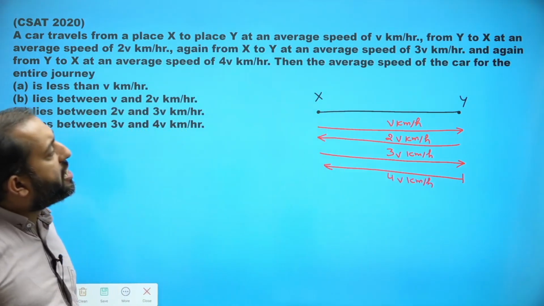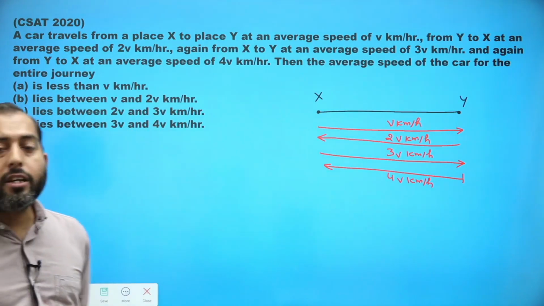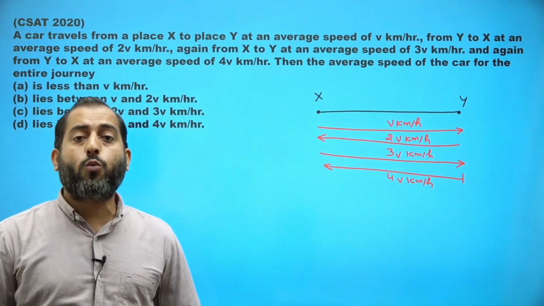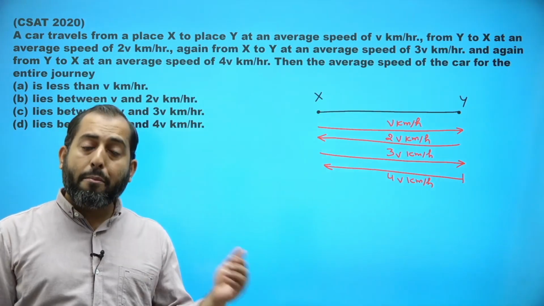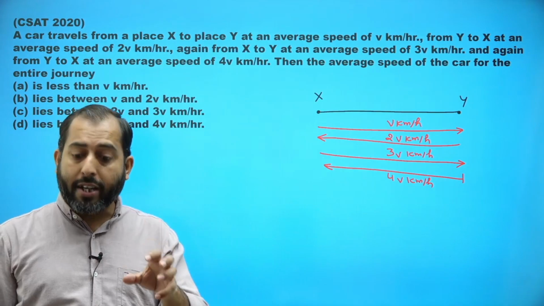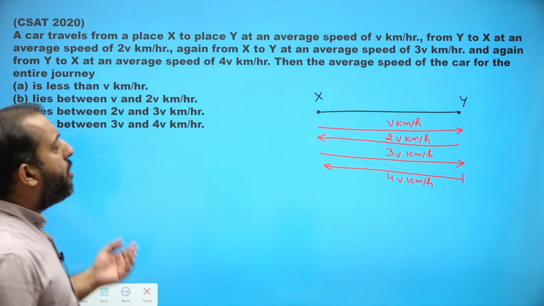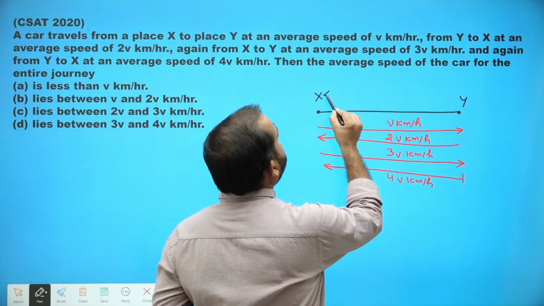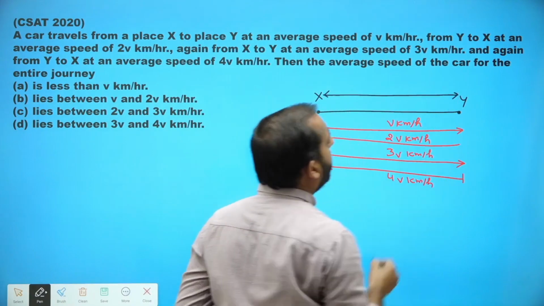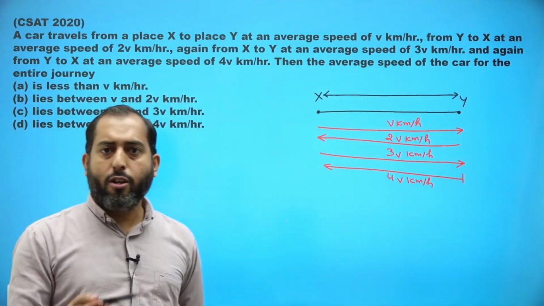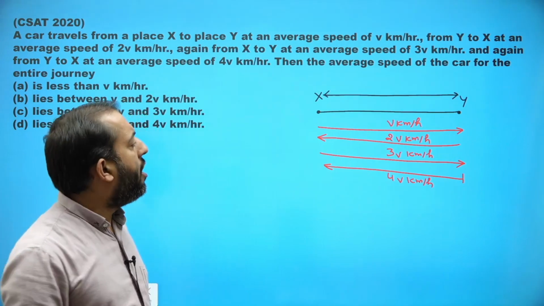Then what is the average speed of the car for the entire journey? So remember, average speed is equal to total distance traveled divided by total time taken. Now, do I know the distance between station X and station Y? No, we don't know this.